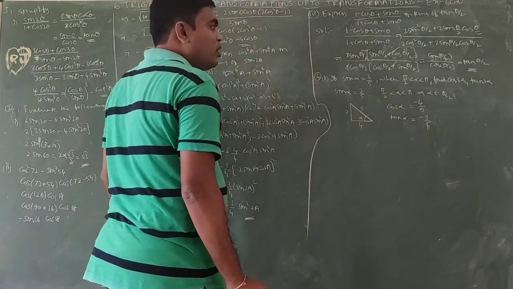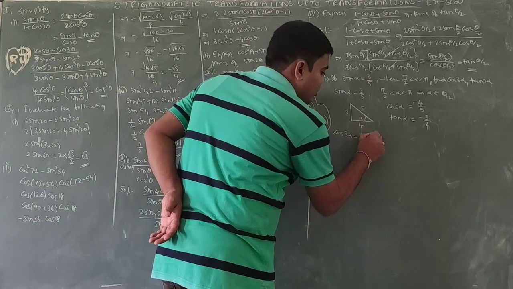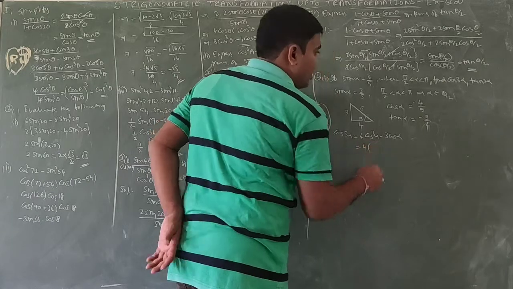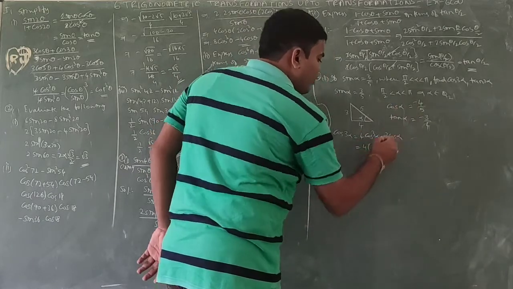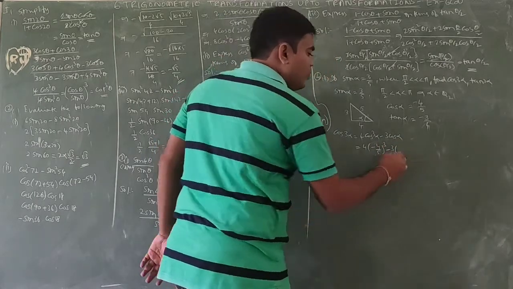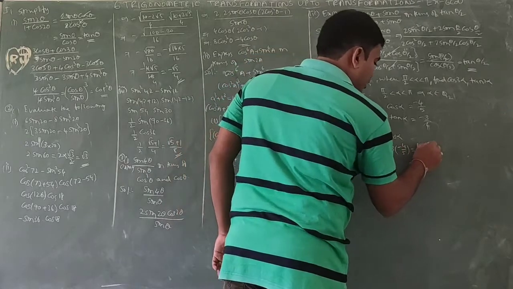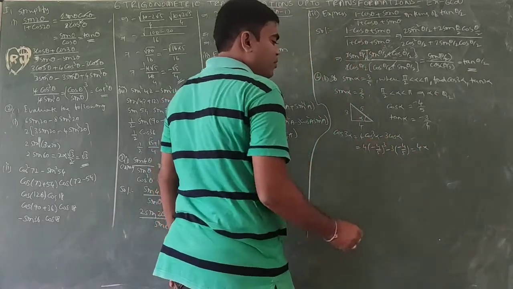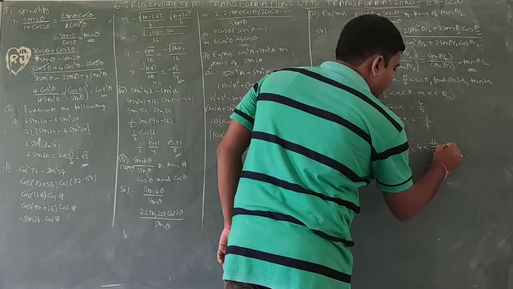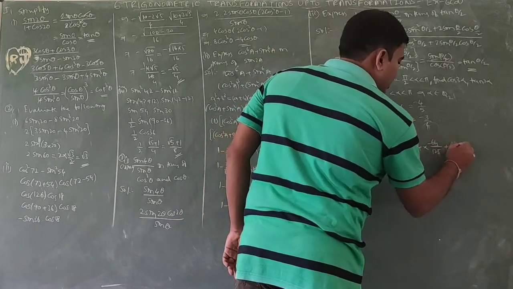Now cos 3 alpha. Cos 3 alpha equal to 4 cos cube alpha minus 3 cos alpha. 4 times cos alpha whole cube, minus 4 by 5 whole cube, minus 3 of minus 4 by 5, equal to, so 4 into 4 cube is 64, minus 64 by 5 cube 125, plus, minus into minus is plus, 3 into 4 is 12 by 5.